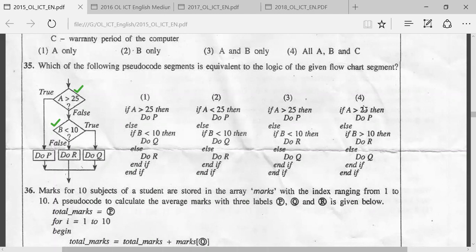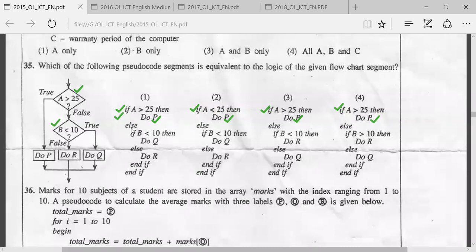All these four answers have the same line, so depending on the first line, each and every answer is right. When it is true, do P. So when we have the true output of this condition, we have to do P. Here also all have do P.